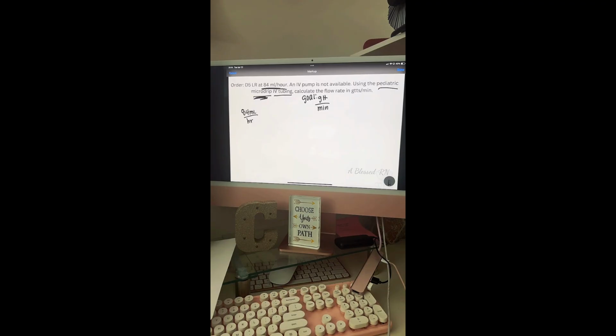So micro drip equals 60 drops per milliliter, okay? Y'all got that? If it does not tell you a drop factor and it says micro drip, there is only one micro drip, okay? And it's going to be 60 drops per milliliter. So that is your other puzzle piece. Okay, so now we can set up our problem.